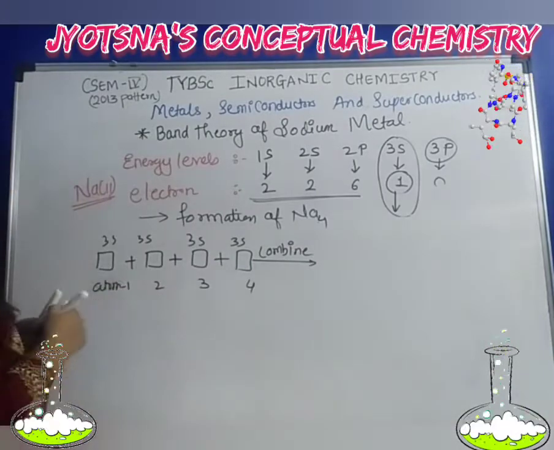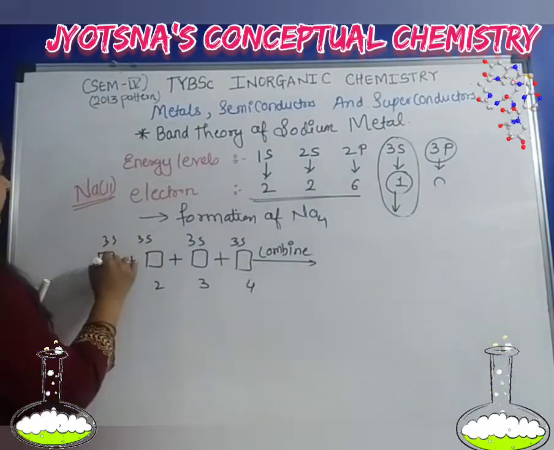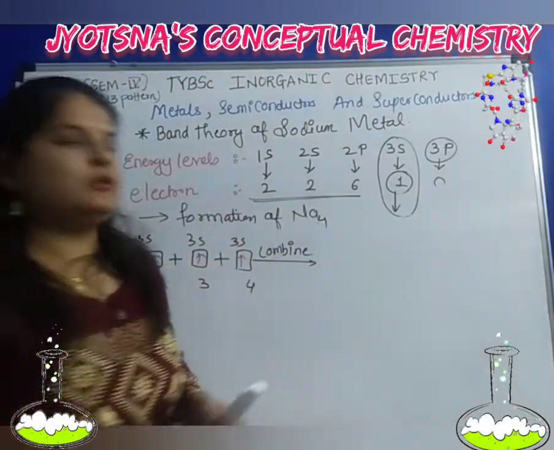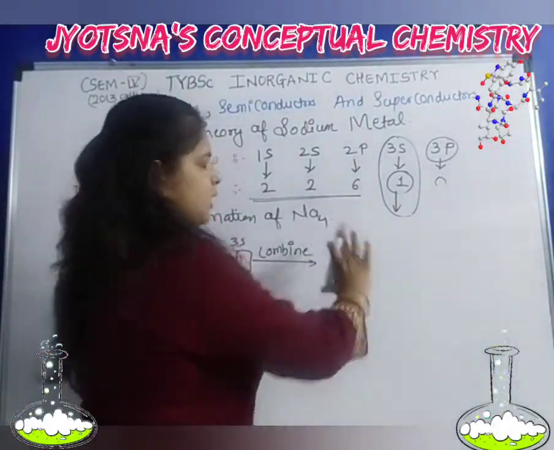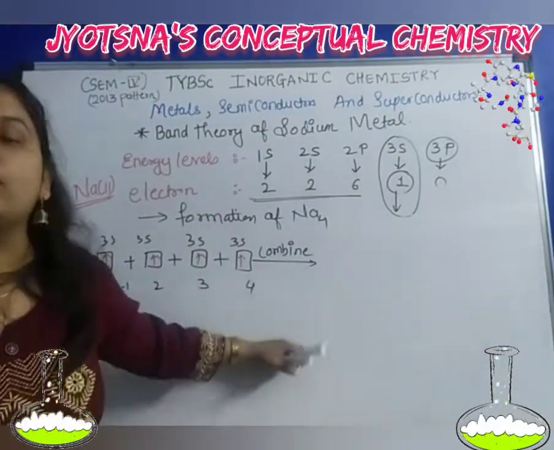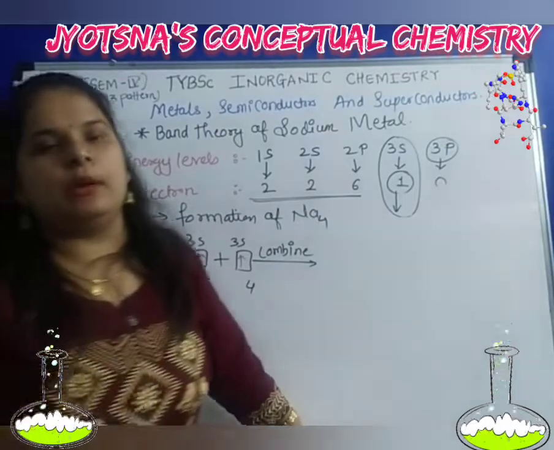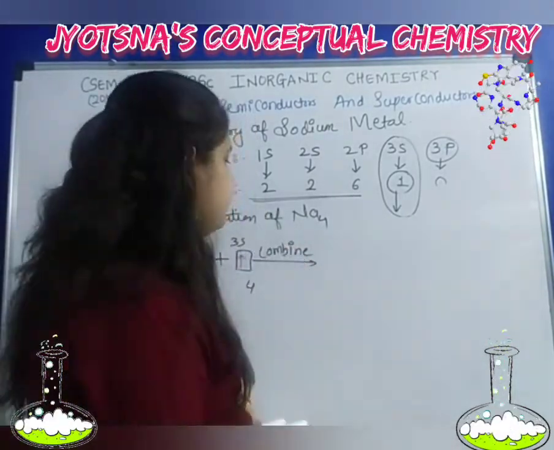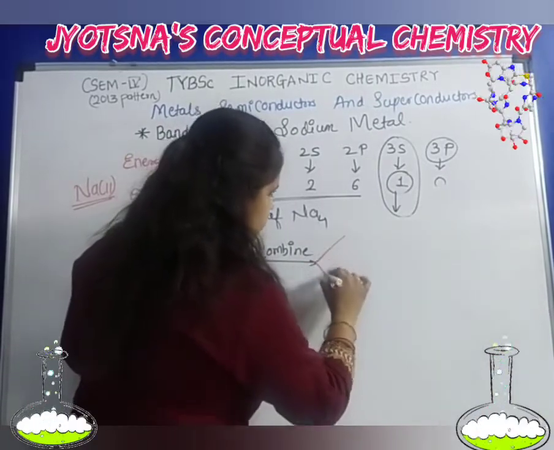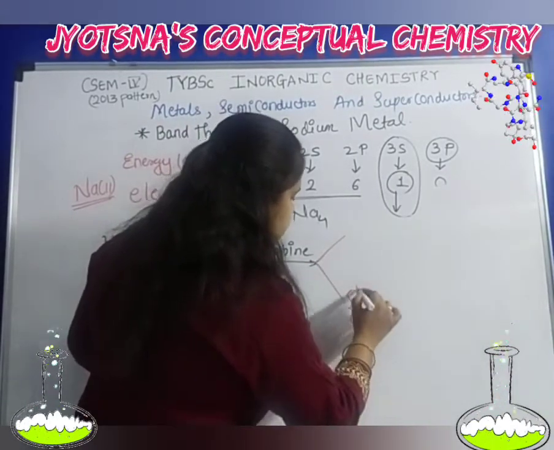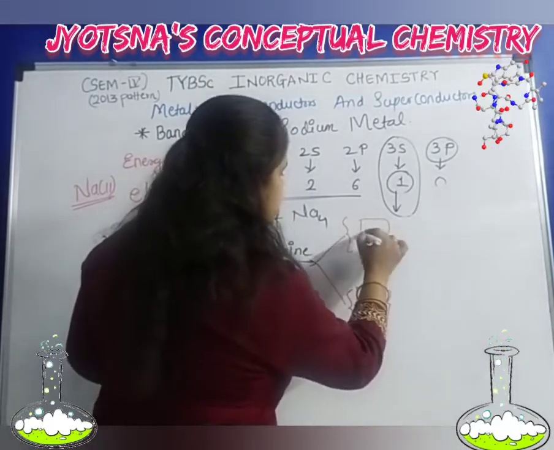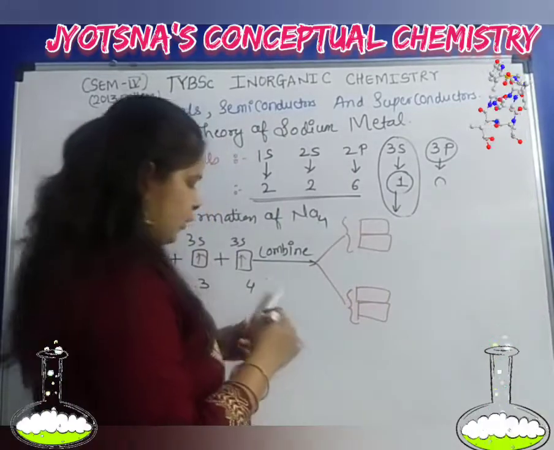Each has one electron. So can you tell me how many orbitals you will make here? 1, 2, 3, 4. 4 atoms combine and overlap to form 4 orbitals. Means 2 will be bonding and 2 will be anti-bonding.